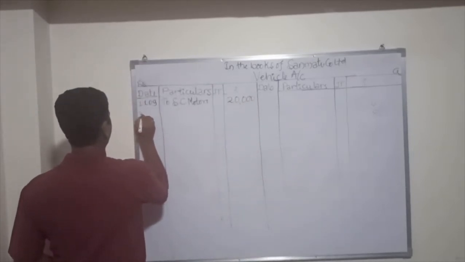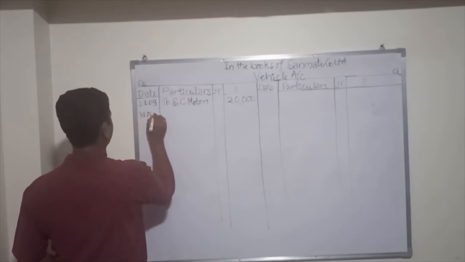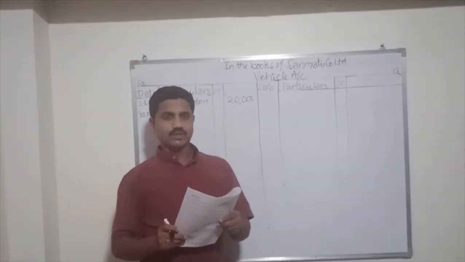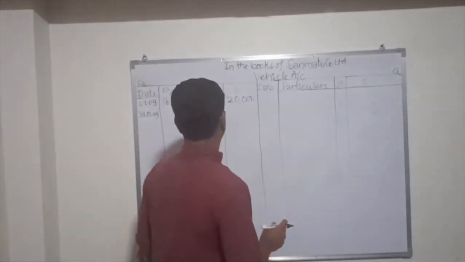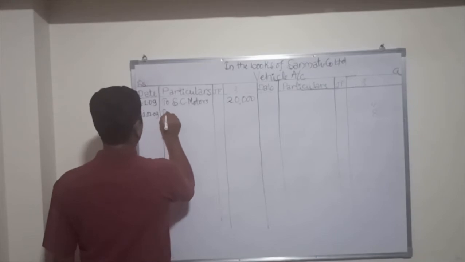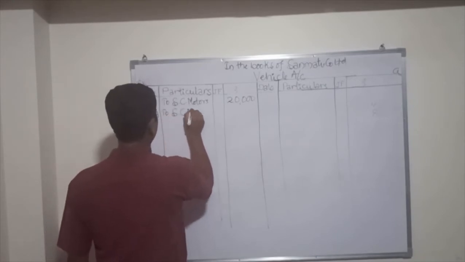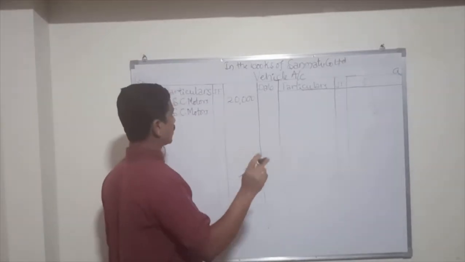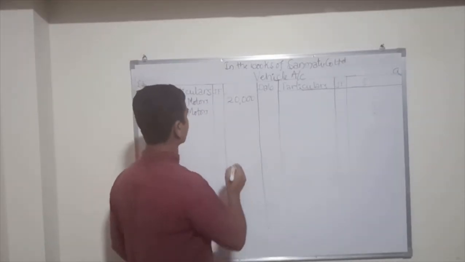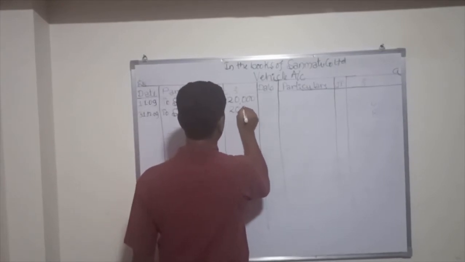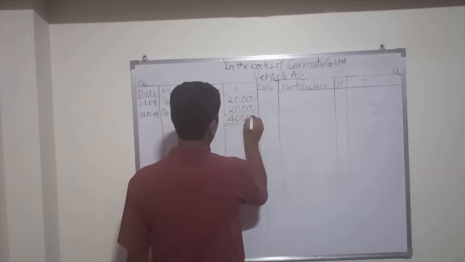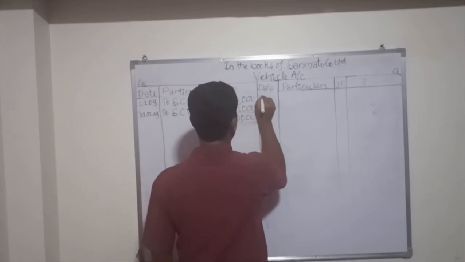Then on 31st/12/2009, when the first installment becomes due for payment, the entry will be vehicle account debit, interest account debit to SC Motors. We should take only the principal sum. In the last we have seen 16,000 is the interest, so 20,000 is the principal. Now let us take the total here, 40,000.